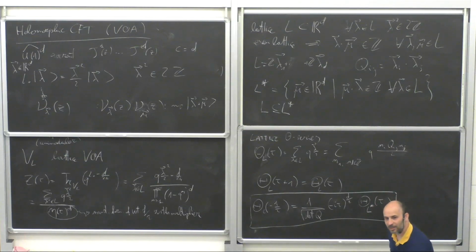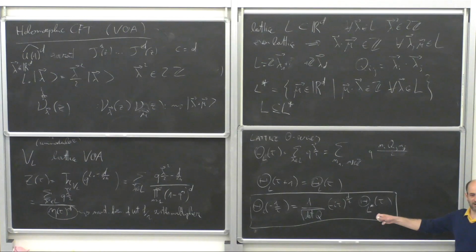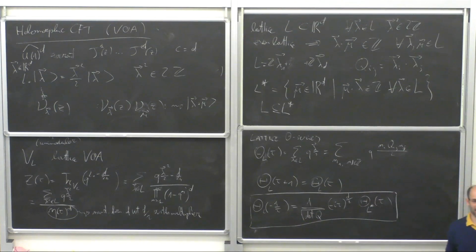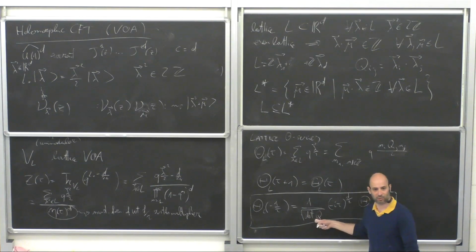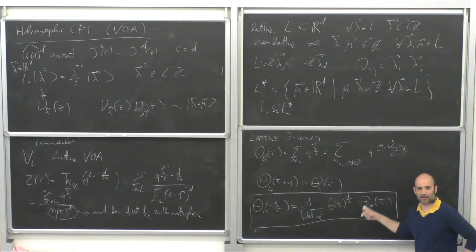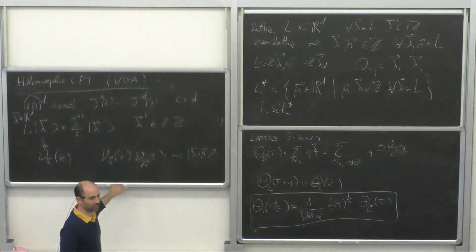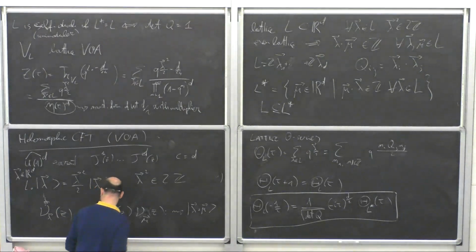And then what you can get from here is that this is a modular form under this S transformation if and only if L and L star are the same lattice, or if and only if they are self-dual, because in this case, this factor goes to 1. Now, you might be worried about the minus i.